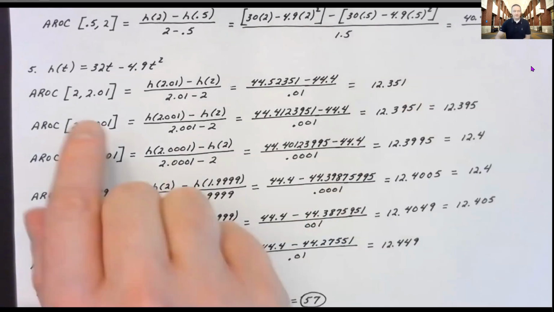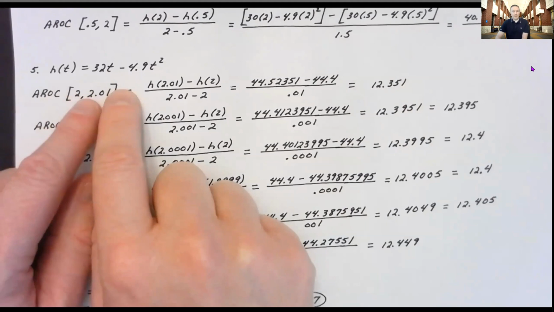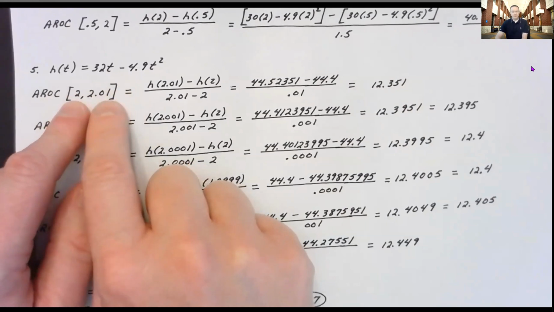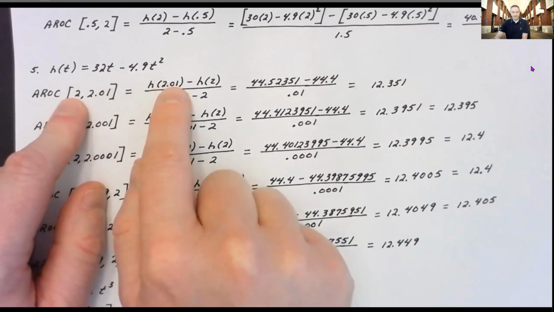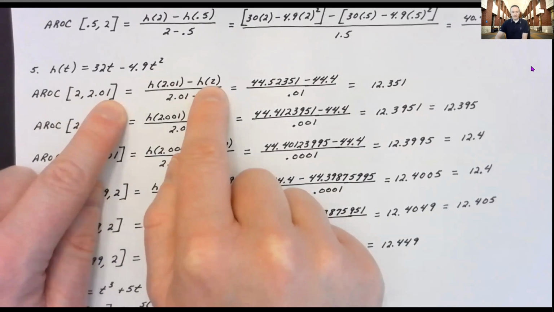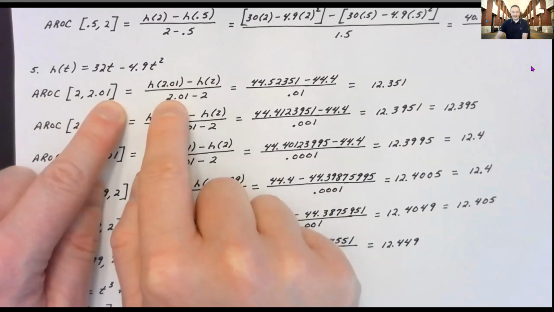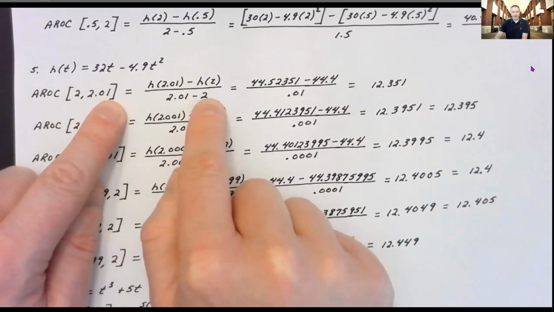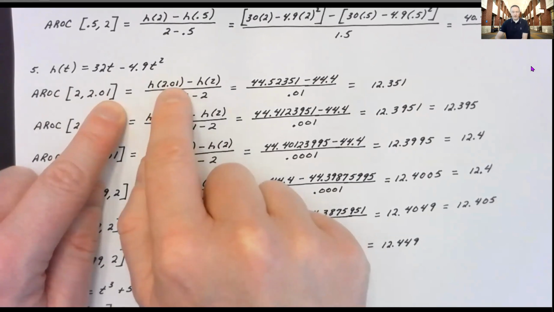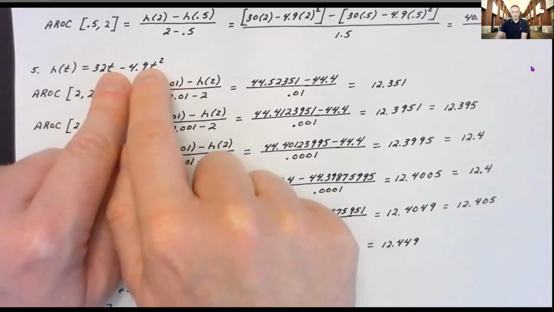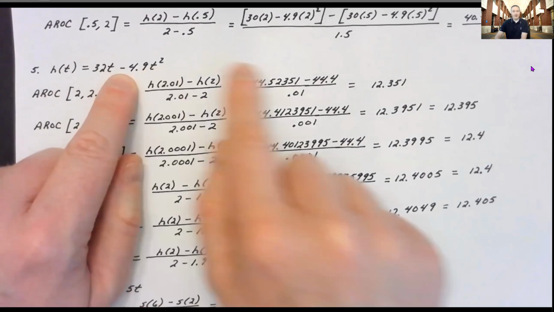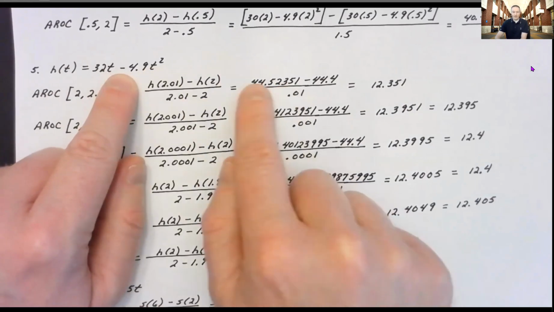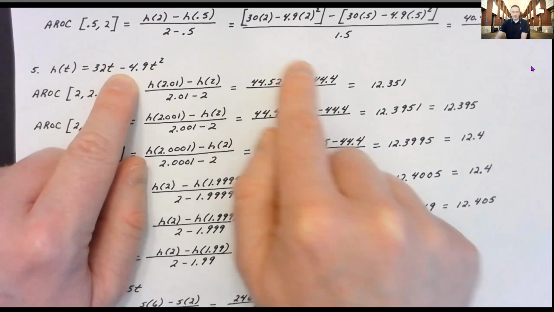For number 5, the first one they were asking me for is to find the average rate of change, or the average velocity, from 2 to 2.01. Again, that's just ending position minus beginning position divided by end time minus beginning time. All you have to do for h of 2.01 is plug 2.01 into that equation. Make sure you don't make any rounding errors; we need the entire number.